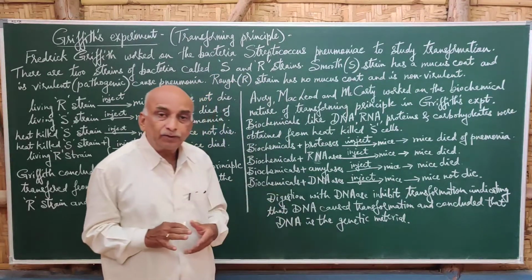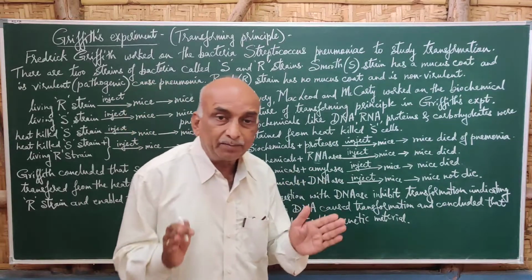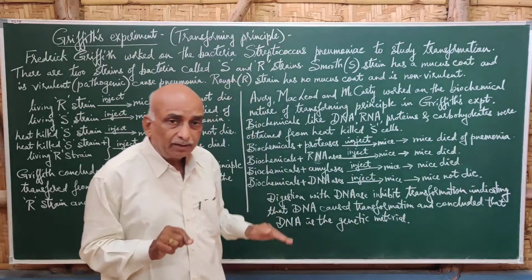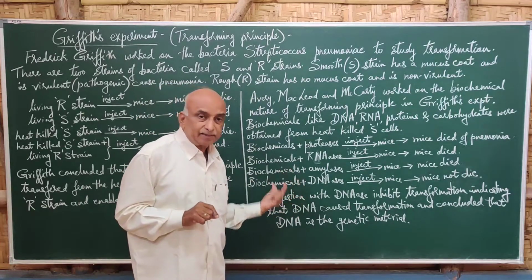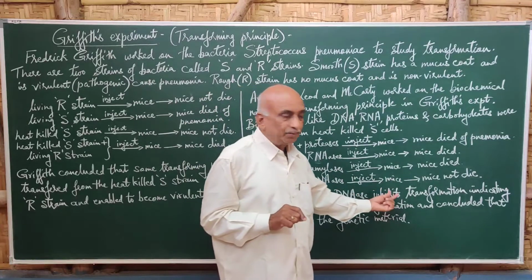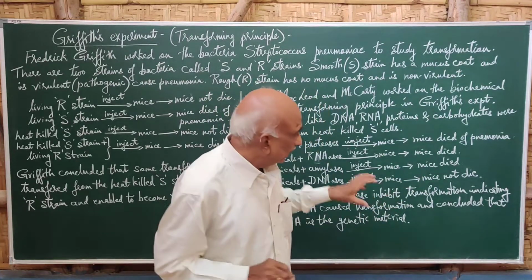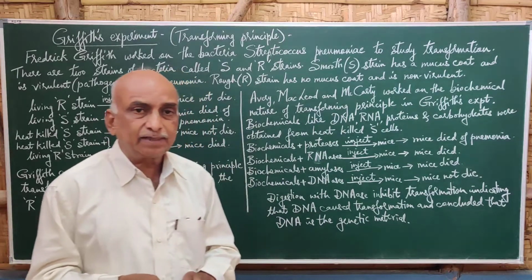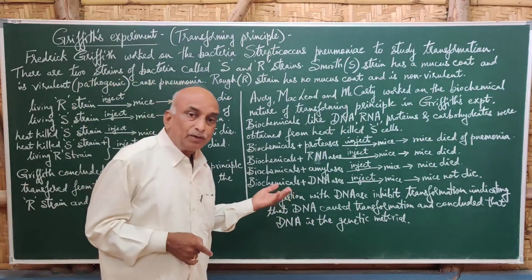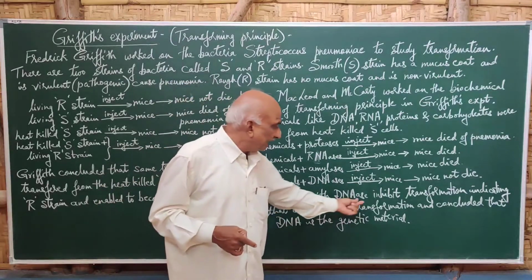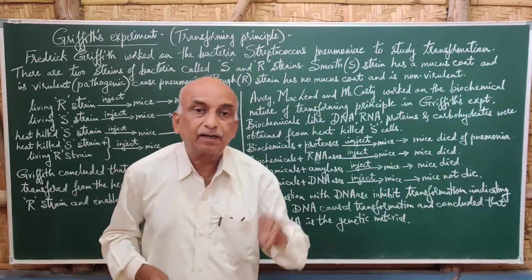Then in the fourth step, the biochemicals were mixed with the DNase enzyme, which digests the DNA, and when it was injected into mice, the mice did not die. When the DNA was digested, there was no virulent nature, so digestion with DNase inhibits the transformation.